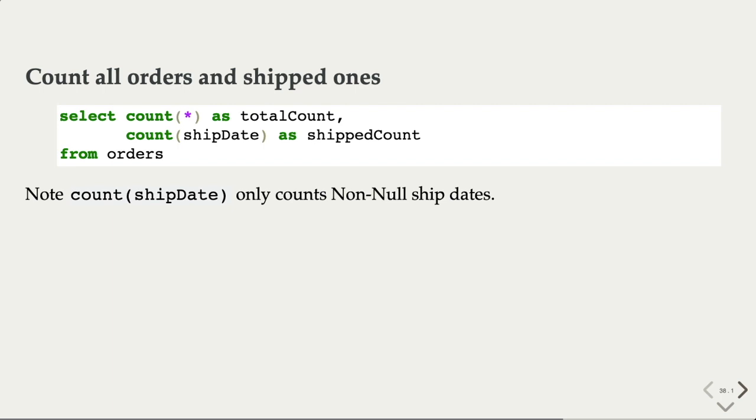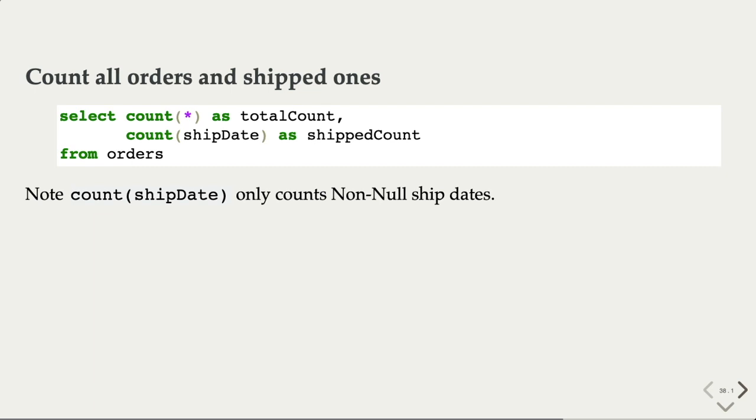I said that count star will count all the records, regardless of whether you have null values or not in some of the columns. If you count a particular field, such as ship date, you will only count that particular value when it is not null.